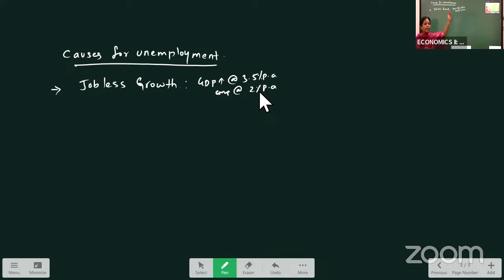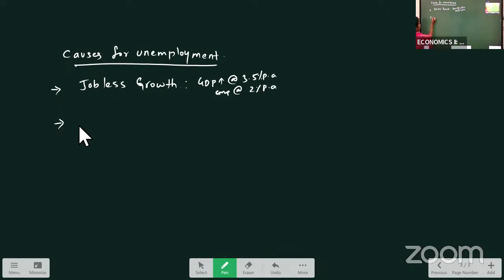Jobless people are increasing, whereas our GDP is also increasing. That gap created unemployment in the country. Here we can see GDP is exceeding 9% per annum, but still we are unable to give job opportunities. Jobless people are increasing in the country.